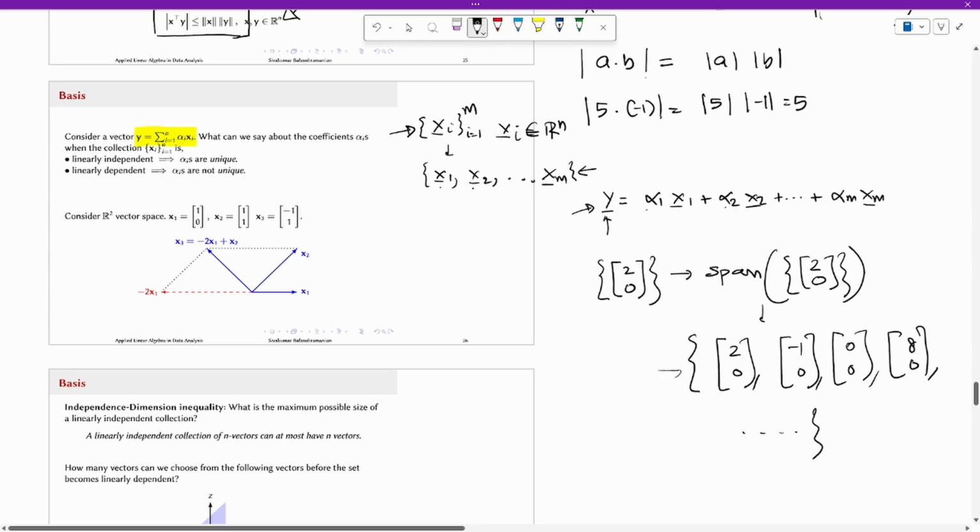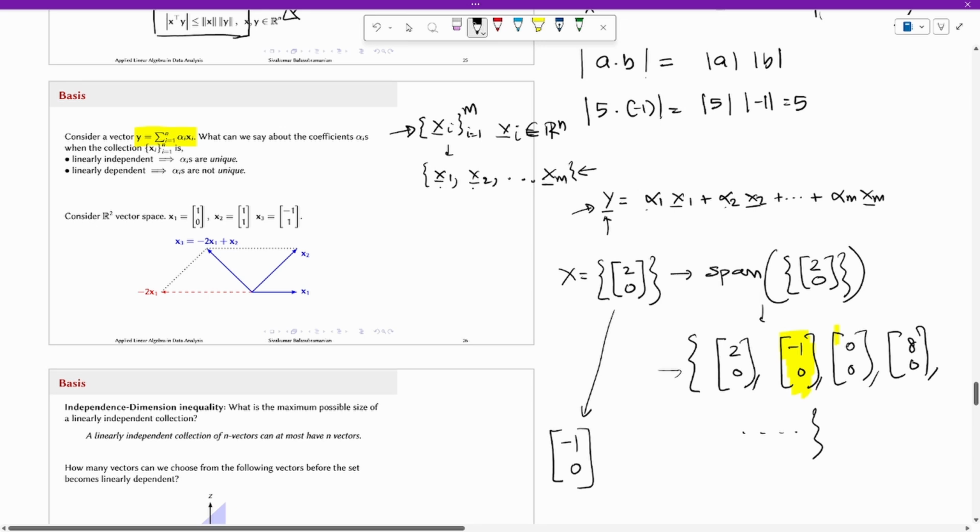Now, if I choose any one of these vectors, let's say I choose this, and this is my y, how do I produce this vector y from my original set, which I'm going to call capital X?